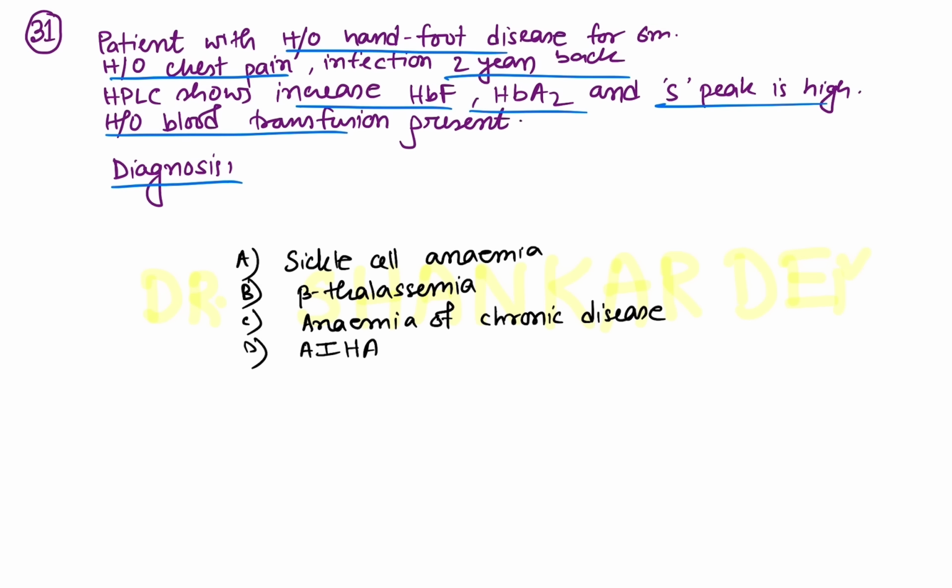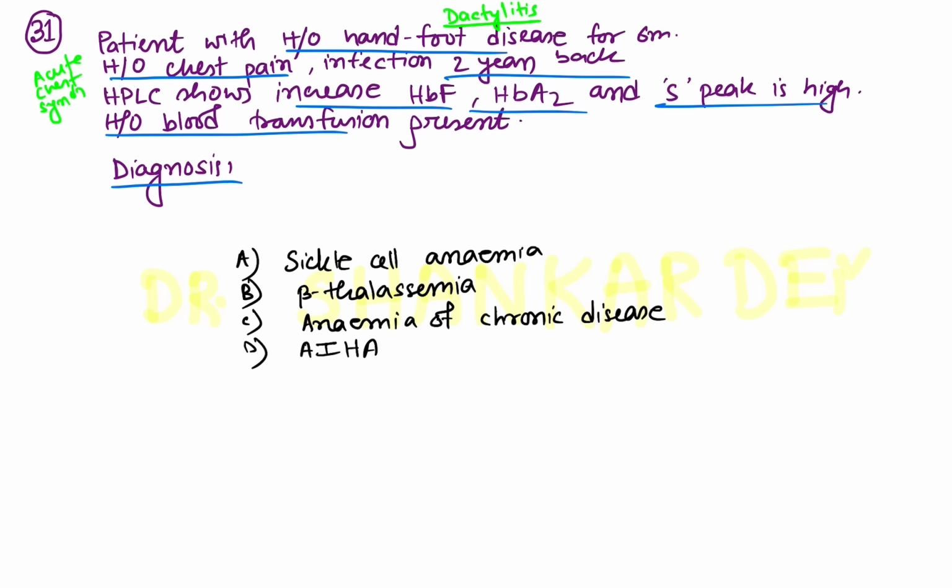So in this case you can see there is history of hand foot disease. This actually basically the examiner means to say this is dactylitis or inflammation of digits of hand and foot along with chest pain that may be due to acute chest syndrome.